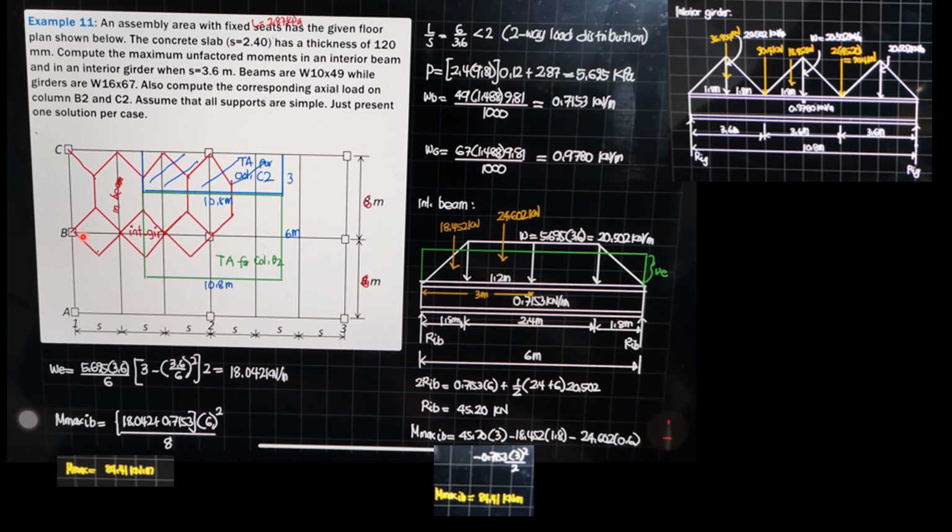For the interior girder, like this one, we have 3 triangular loadings with intensity the same as the interior beam. And we have reactions, concentrated loads here and here, which is double the internal reaction for an interior beam. So this is 2 times RIB.